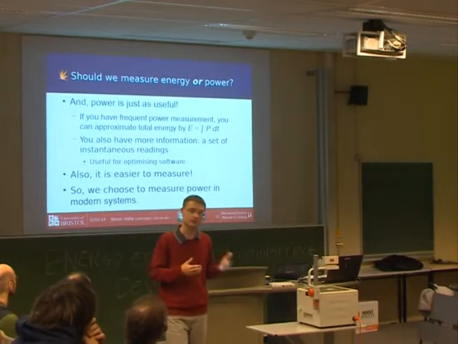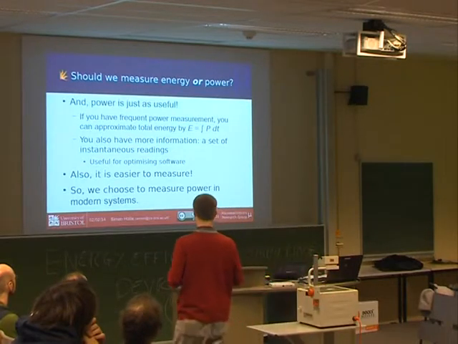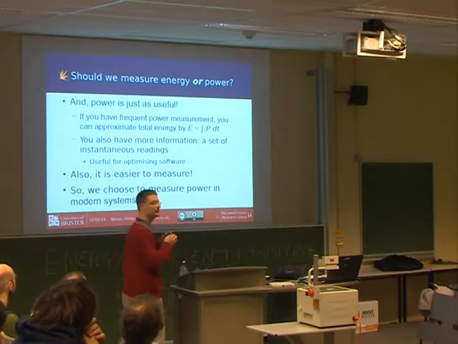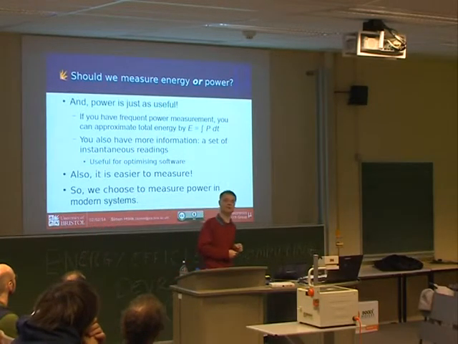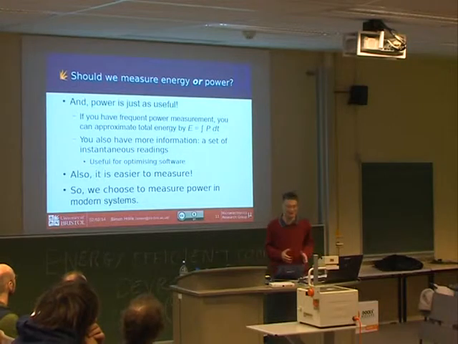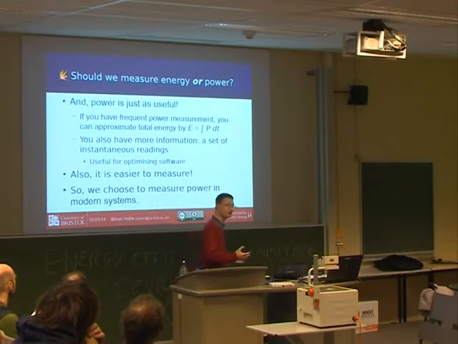We could have measured energy directly, but apparently power turns out to be more generically useful. We can get energy, we can also get more information, and we can handle programs that don't terminate. And thankfully it's easier to measure as well, so it's a win-win situation. So that's what we choose to measure in a modern computing system. We'll measure the power it takes, and then do the maths later.